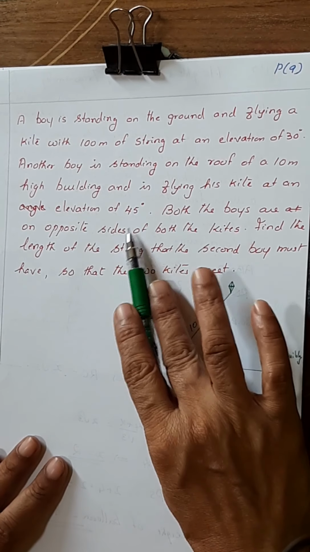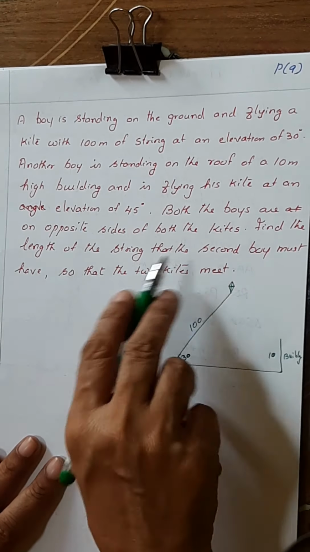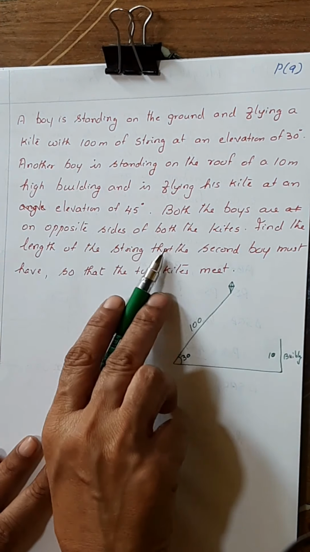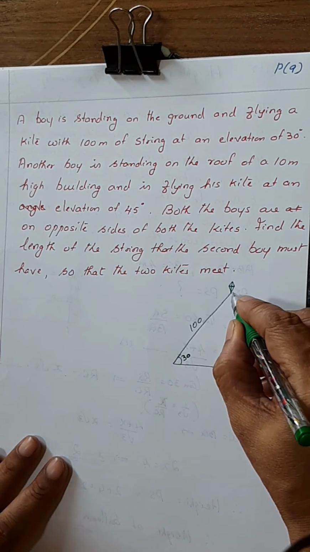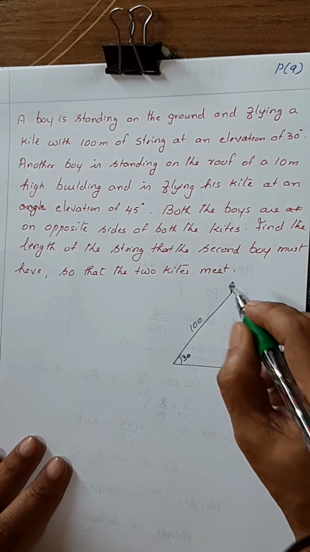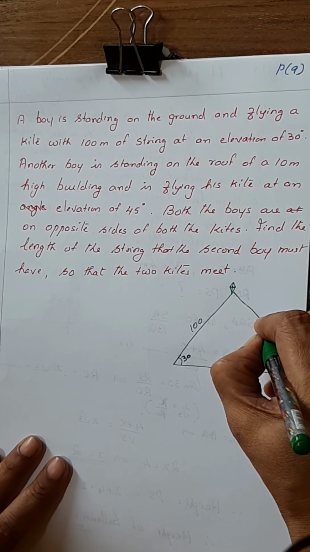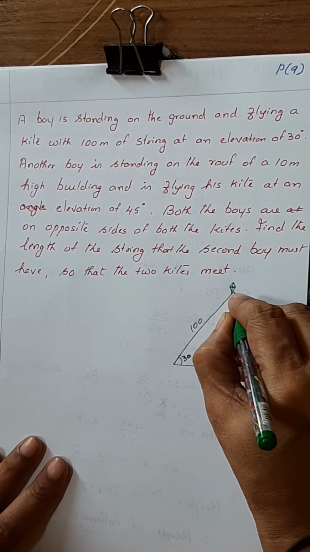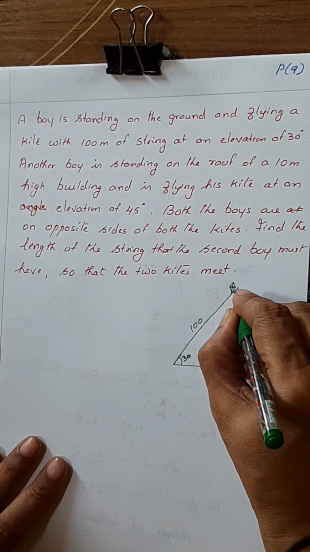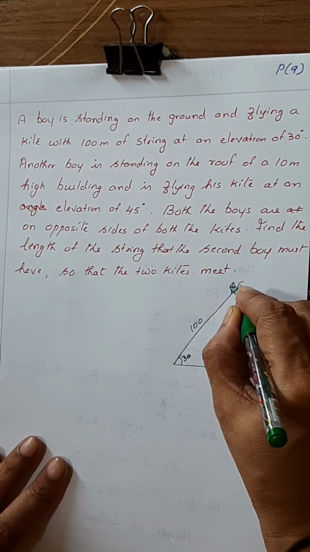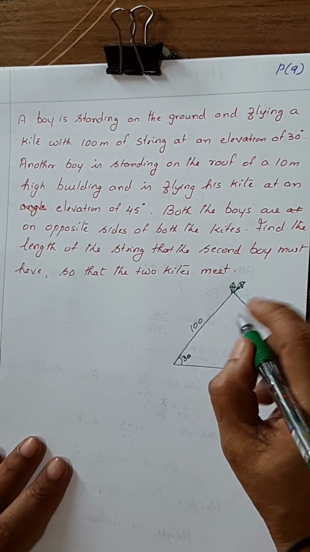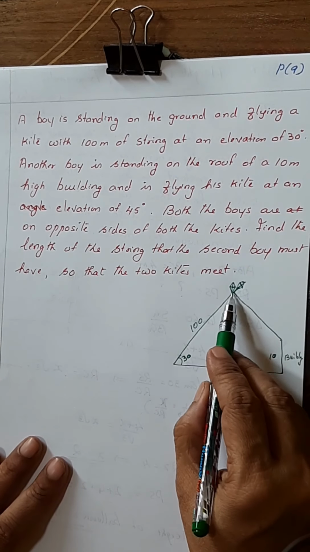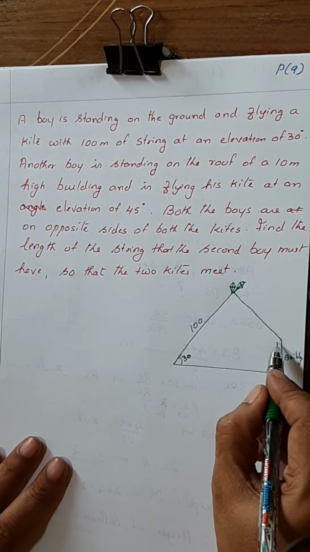And his angle of elevation is 45 degrees. And find the length of the string that the second boy must have so that the two kites meet. So another, so it is like this. His kite is also, so it has to meet this kite.